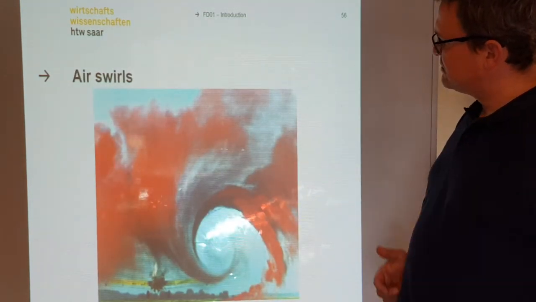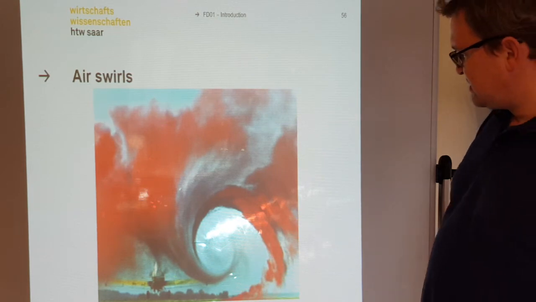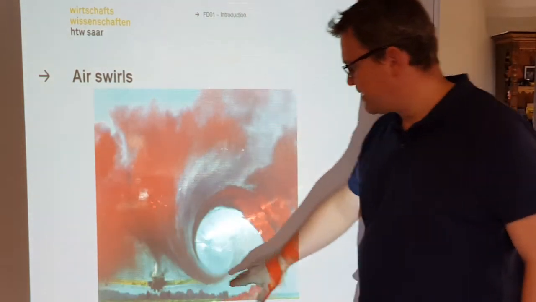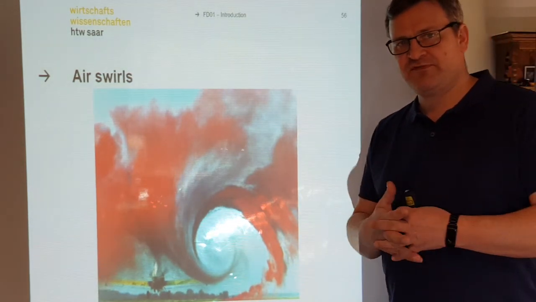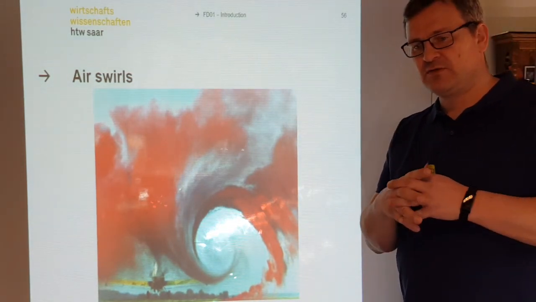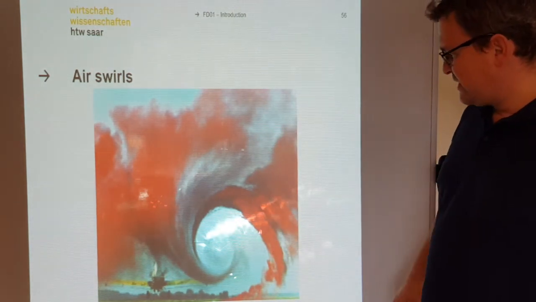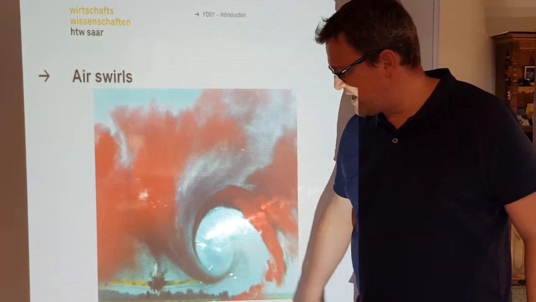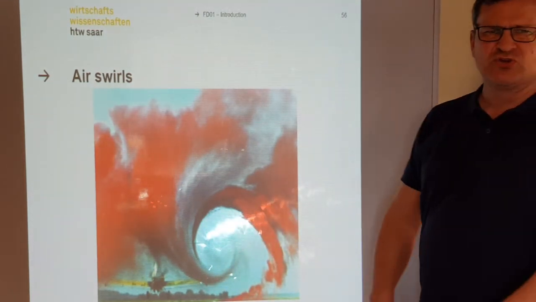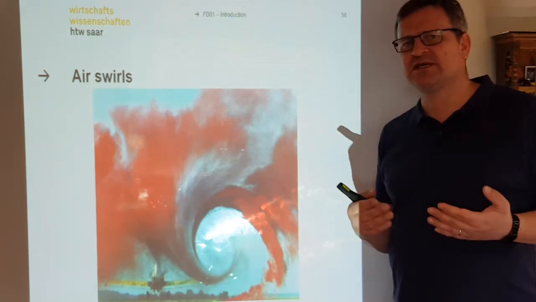Well, that's an interesting and nice visualization. Here you can see an airplane, and when I showed you the winglets before, the developments at the end of the wings, you could see that we get a really big swirl at the end of the wing. But normally, with a normal plane, you cannot see this because it's invisible.